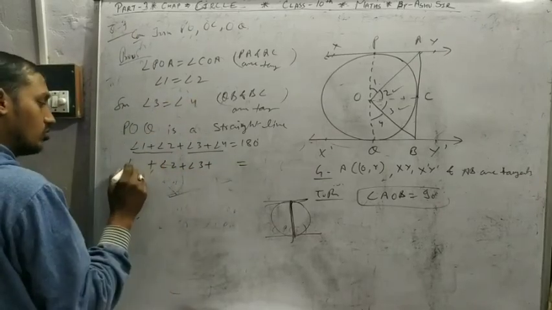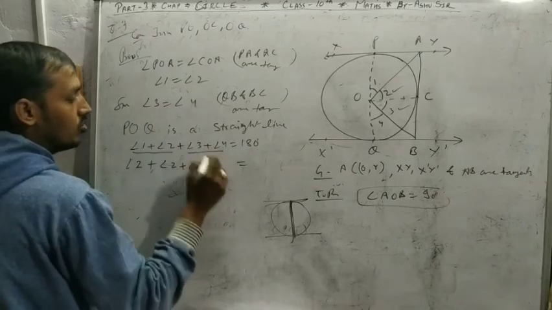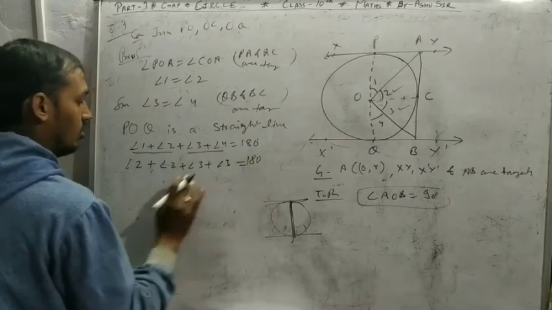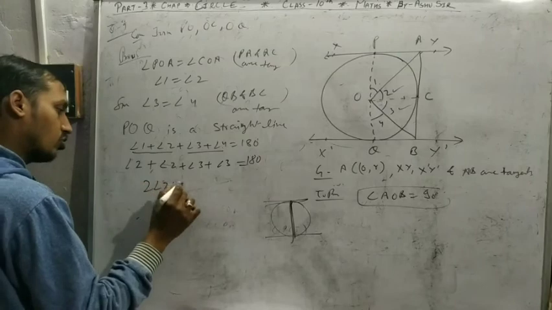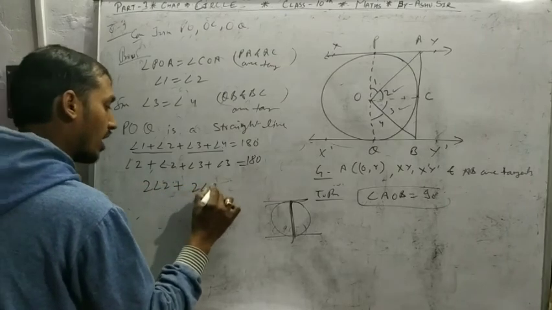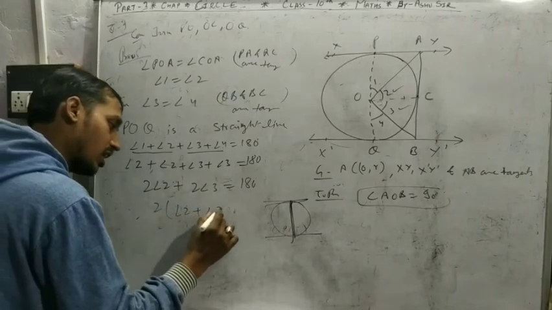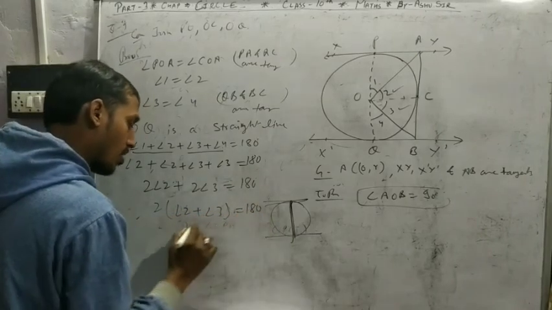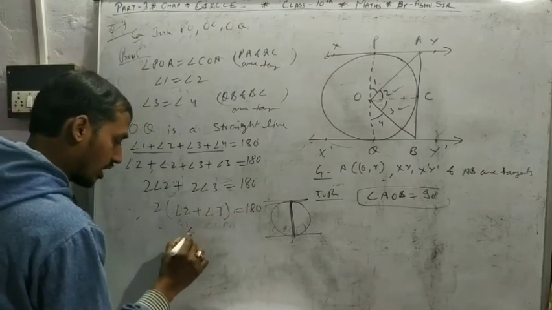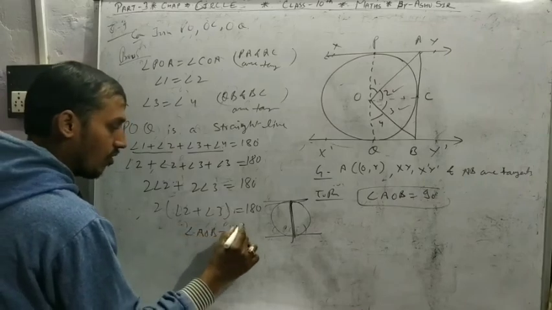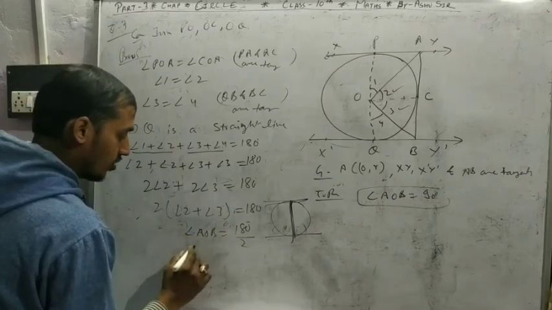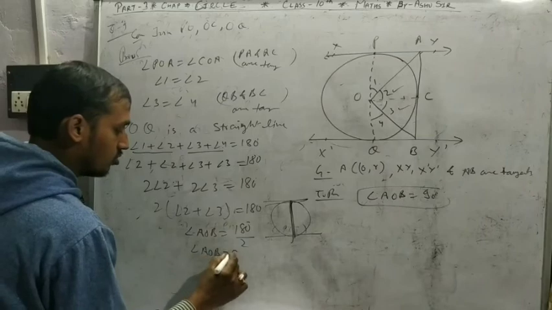So 2 times angle 2 plus 2 times angle 3 is 180, so angle 2 plus angle 3 is 90, that means angle AOB is equal to 90.